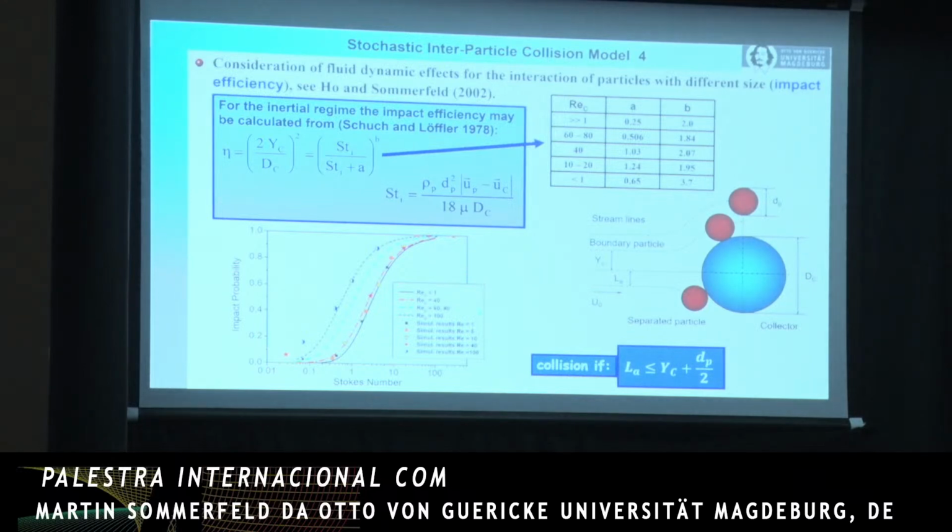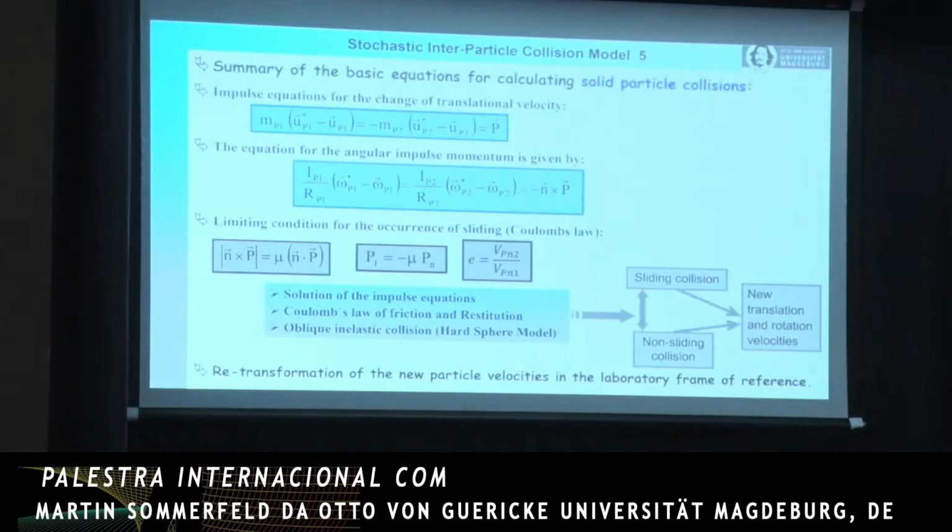Okay, so then you have a collision only if the lateral displacement of the particle is smaller than YC. So that's the collision. Then you solve the equations, the impulse equations, for translational velocity and for gravitational velocity.